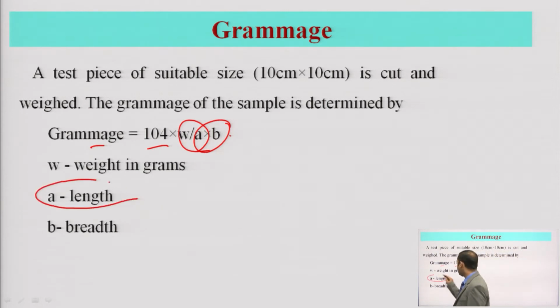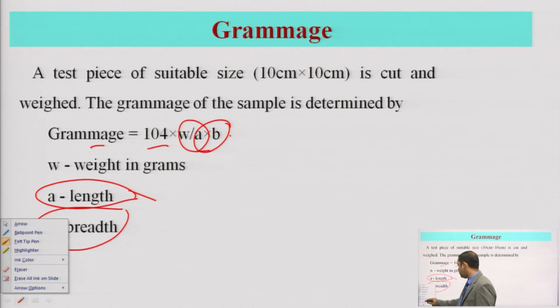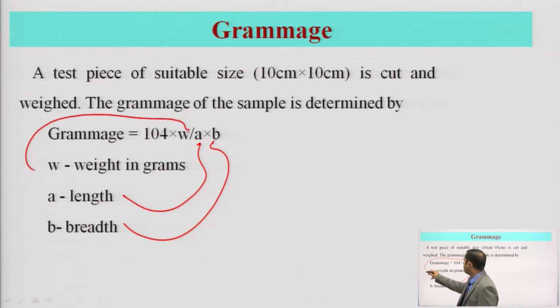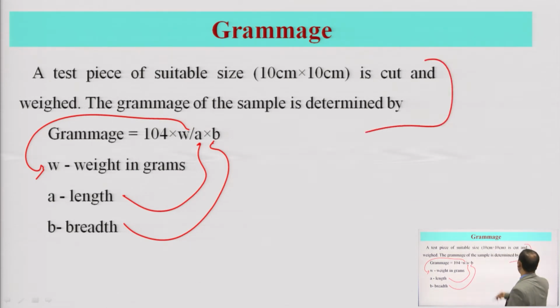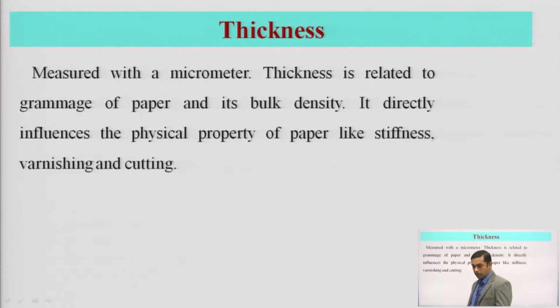A is the length, B is the breadth, and W is the weight. You will get a number after doing this test, and there will be a limit. The number should fall within the limit. If it is crossing the limit, then obviously it does not pass. If it is below, then obviously it also does not pass.